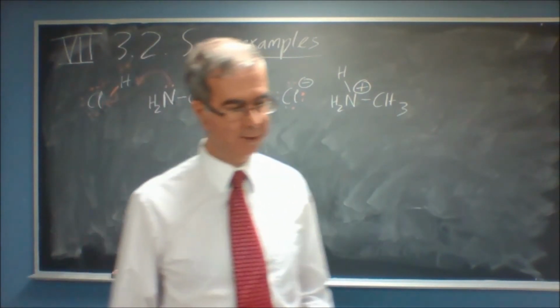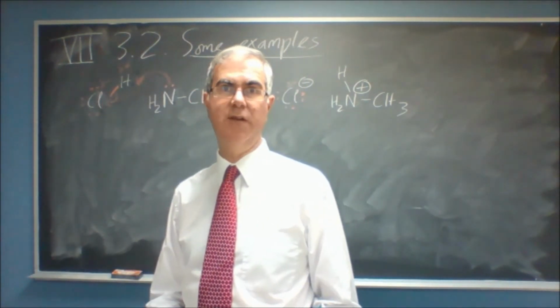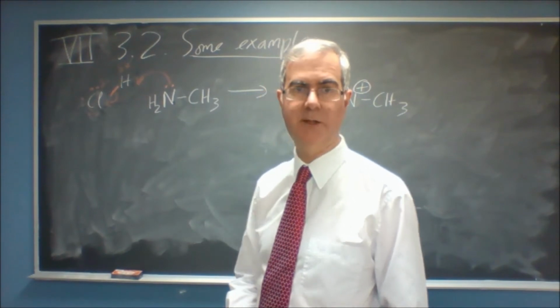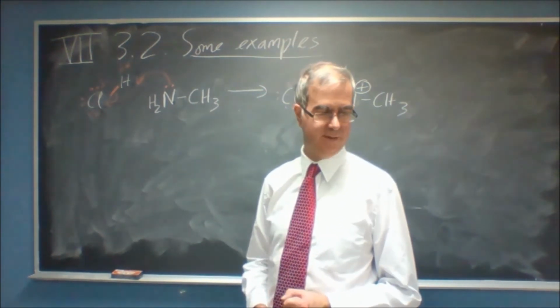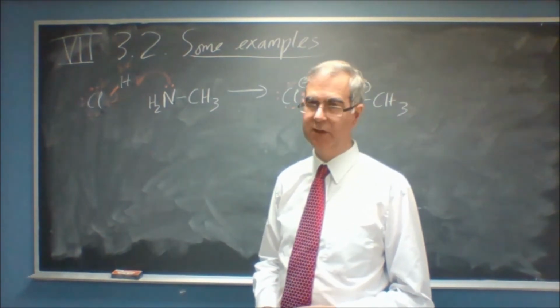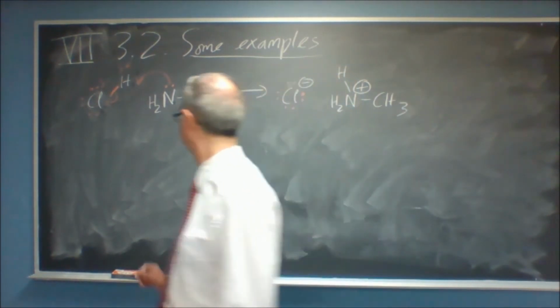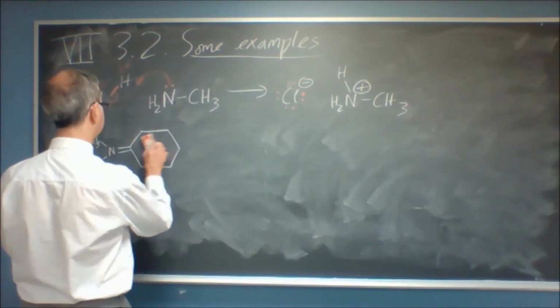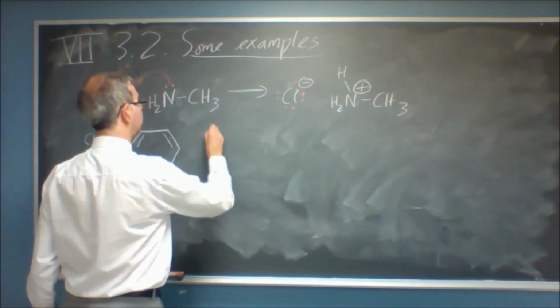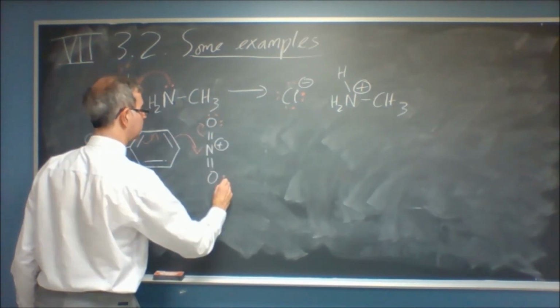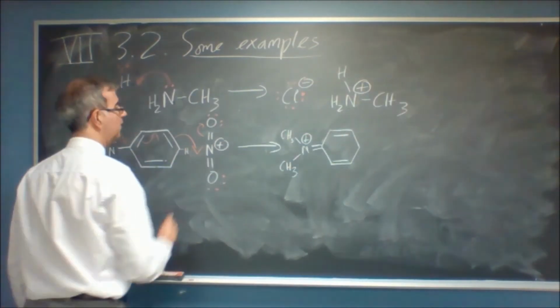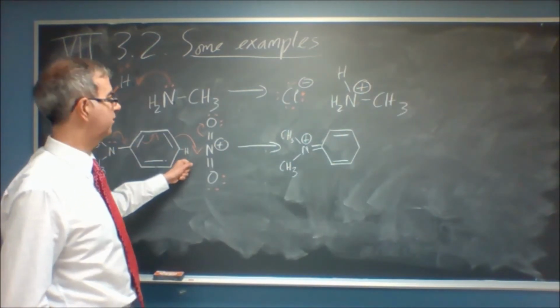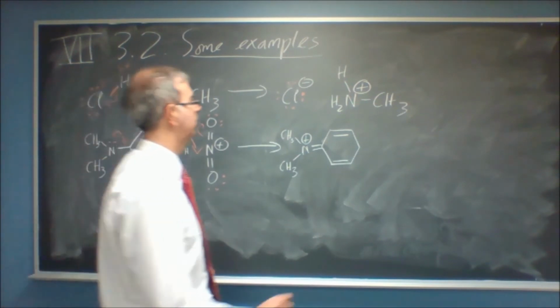Now, I just have another example to show you that mechanisms can show quite complicated processes, and just to scare you a little bit, this is a mechanism we'll see next semester. I'm going to draw in this hydrogen so you can just see what's happening here.